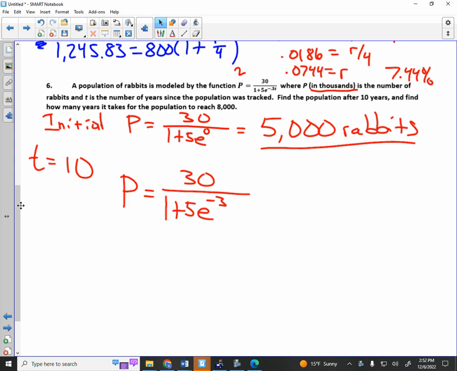Well, it's negative 0.3 times 10. So 10 times negative 0.3 is negative 3. Sure, just 3 decimal places is fine. You can round, or you can just cut it off after 3. Either one's fine.